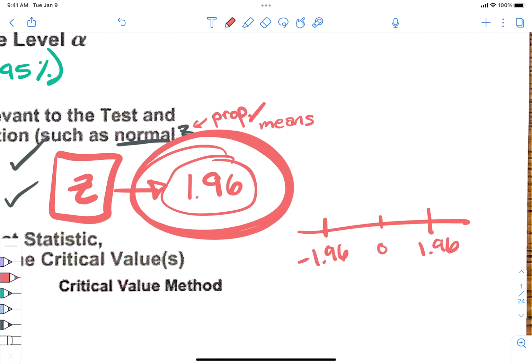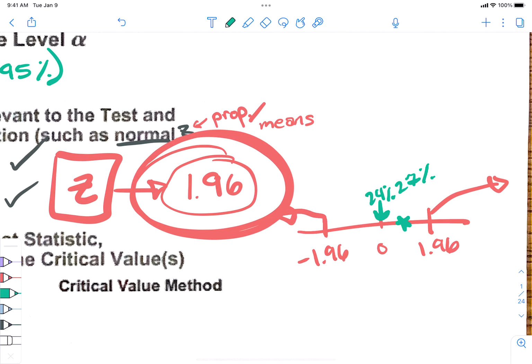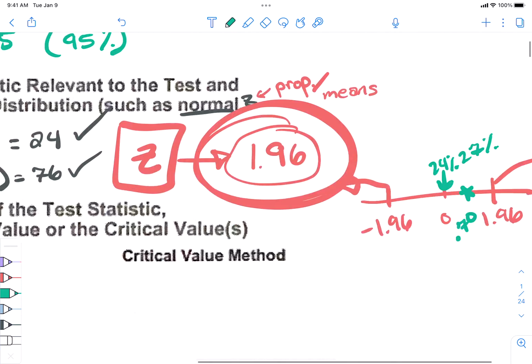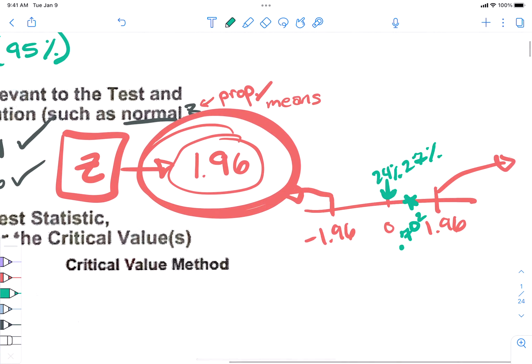If you are higher than 1.96, that's an extreme value, and this side is an extremely low value. The number that we got was 0.7 something, because we are comparing 27% to the 24%. 24% is the average, what they're claiming, and 27% corresponds to a Z of 0.702.